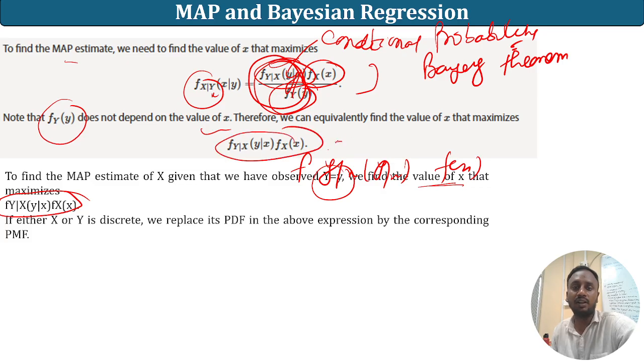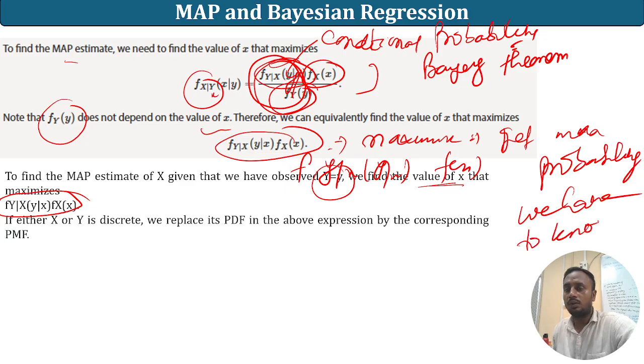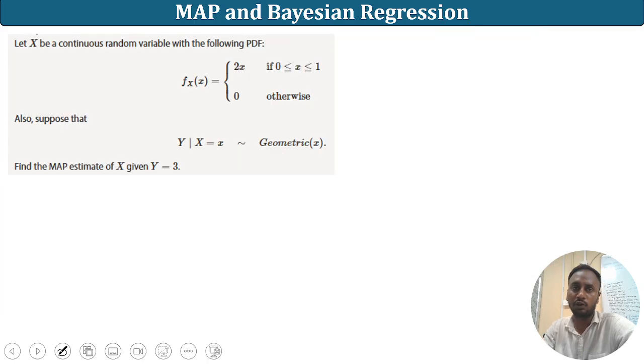We have to maximize this value to get the maximum probability, because we have to know all the information. MAP will have all the information, and we use all of it to find the maximum probability, so that the model has better information.